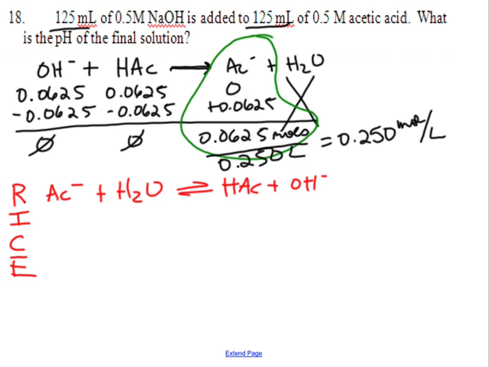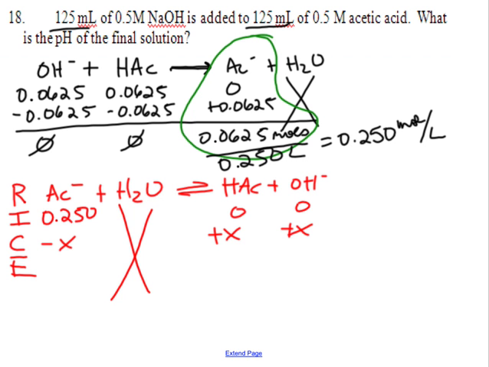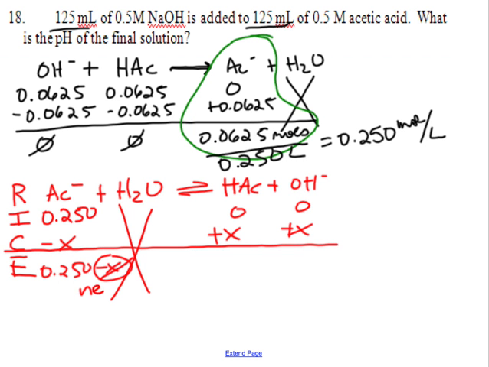So our original concentration, 0.250, that's what's left in the beaker. This is the only thing contributing to the pH now. Minus x, plus x, plus x. 0.250 minus x, that's negligible. x and x.